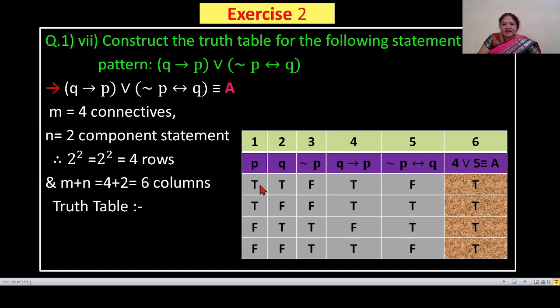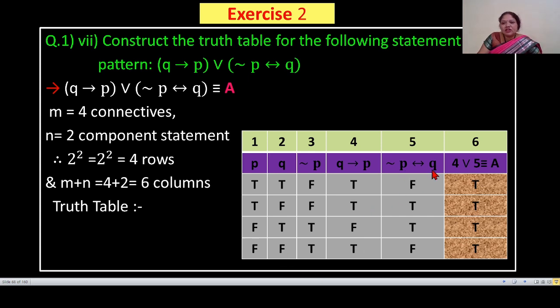Therefore T, T, T, F, T. Here first statement is false and second statement is true, then their implication is true. T, F, F. Here first statement is Q. First statement is true, second statement is false, then their implication is false. And last F, F, T.